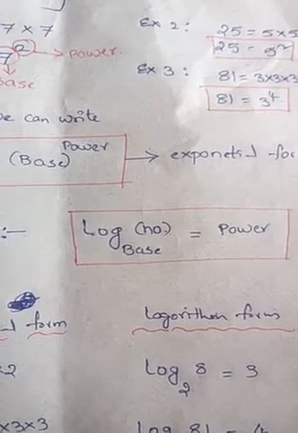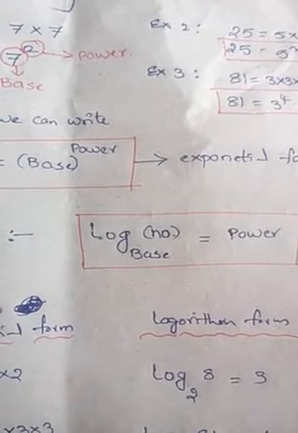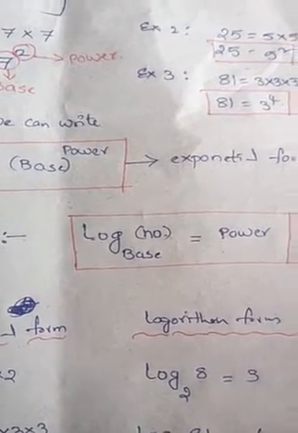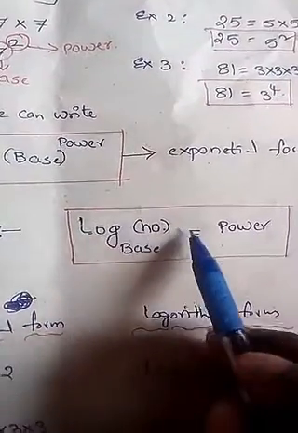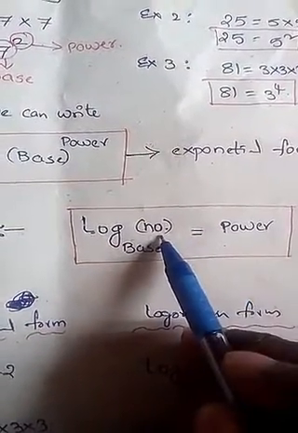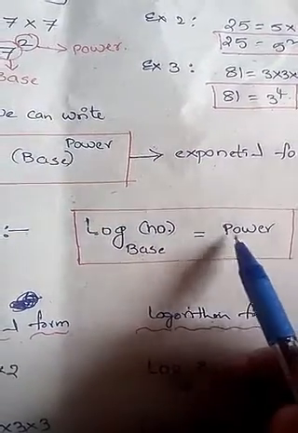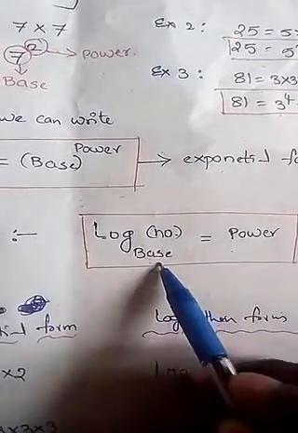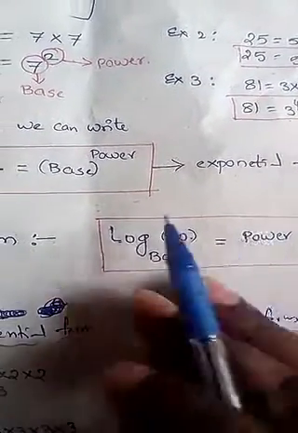In notation, log number to the base equals power. This number, base and power we should take from exponential form.